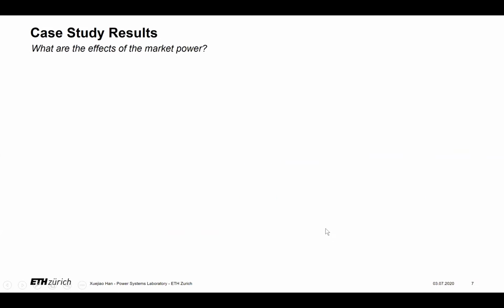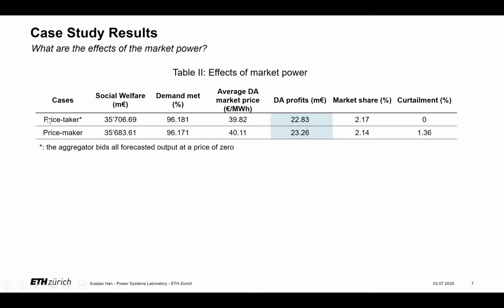Let's first see what the effects of the market power are. To answer this question, we run the simulation for 2 different cases. The first one is a price taker case, where we assume the aggregator bids all forecast output at a price of 0. The second one is a price maker case, where the aggregator optimizes both the bidding quantity and the price to maximize the profits it can make from the market.